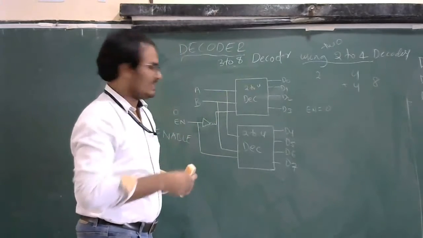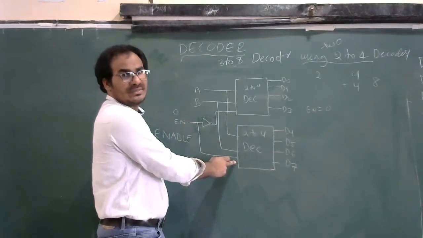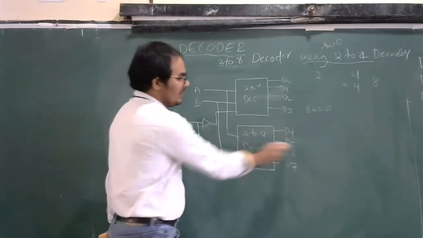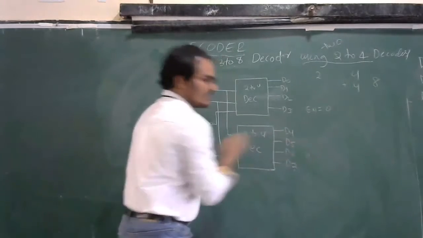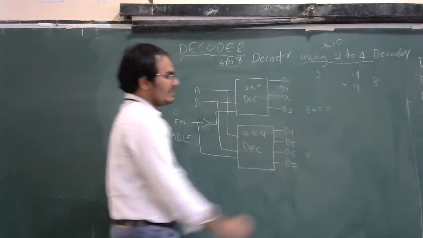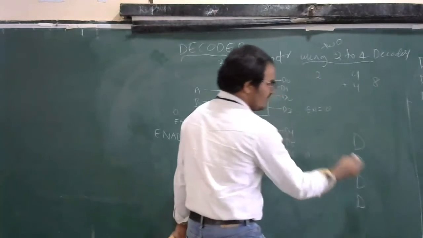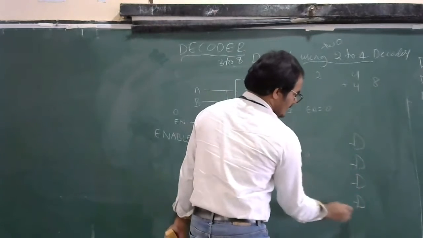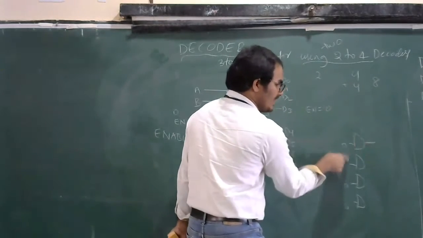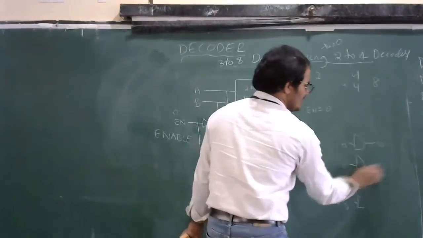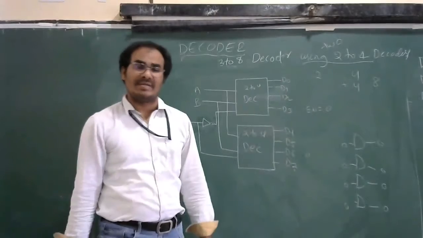Now, 0 is applied to the lower 2 to 4 decoder. If 0 is applied, what will be the outputs? D4, D5, D6, D7, all are going to be zeros. Because in the internal logic diagram, we have 4 AND gates, and to each of them a 0 is connected. Irrespective of the other inputs, the output is 0, because 0 is called the disable input of the AND gate.